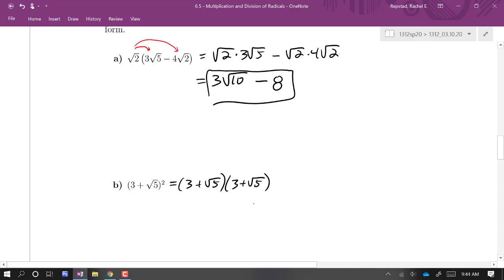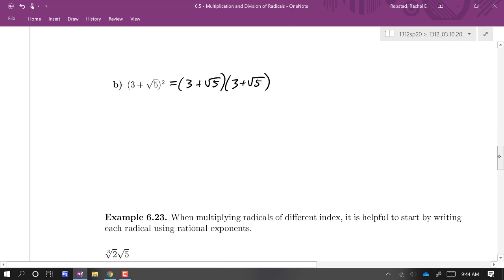So if there's one thing I want us to take away from today and maybe even this semester, it's that we cannot distribute an exponent over addition. So let's FOIL this out. My favorite method is to just set up that little table. So I've got 3 root 5, 3 and root 5.